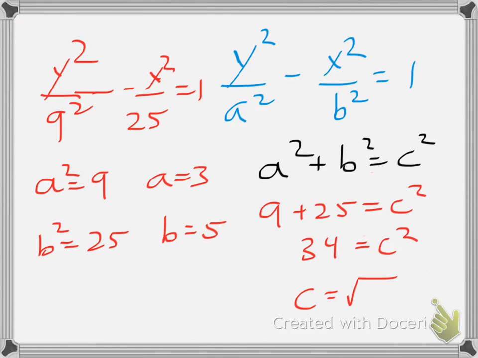I can't break it down any further, so I'll leave it as the square root of 34. So I have values for a, b, and c, which, when it comes to finding vertices, foci, and such, is the thing to do.